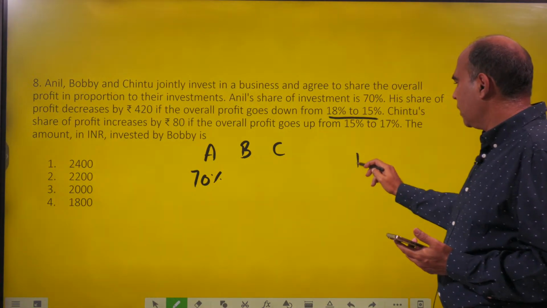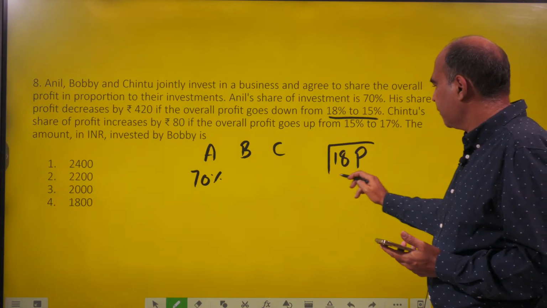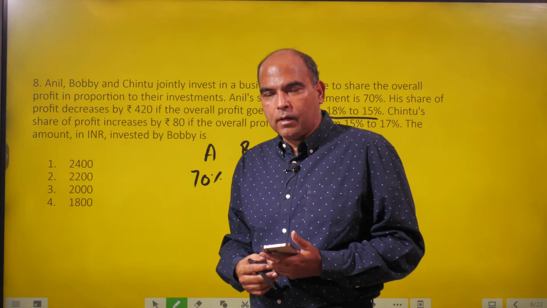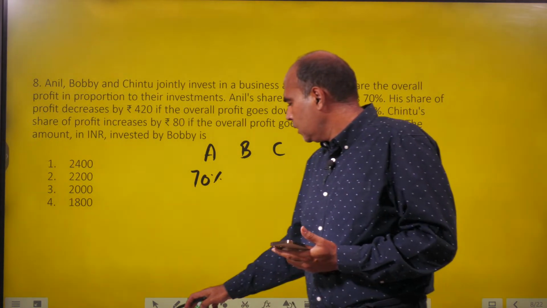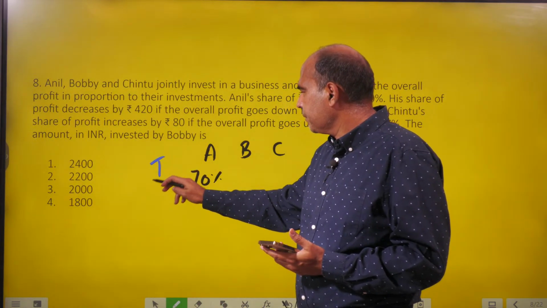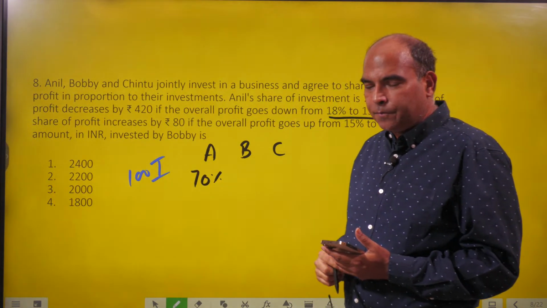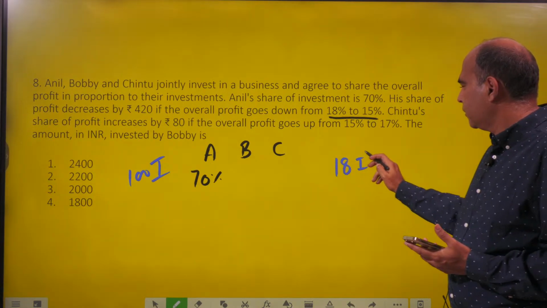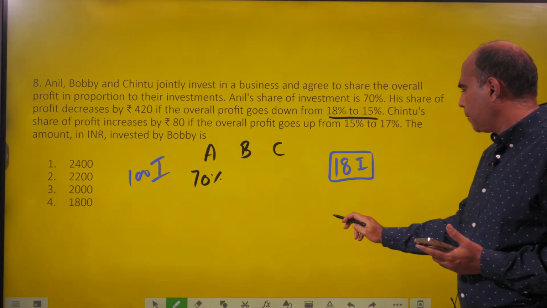So there is a profit that they are getting, let's call it 18p, when you have got 18% profit. Let's think about it this way: if my total investment is 100I, at 18% profit, my profit will be 18I, and at 15% profit, my profit will be 15I.